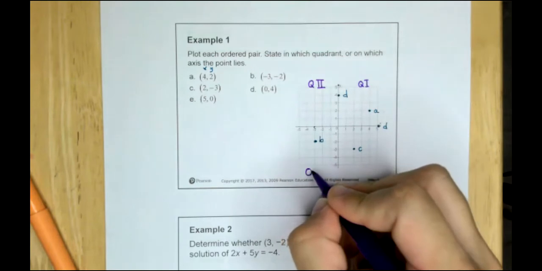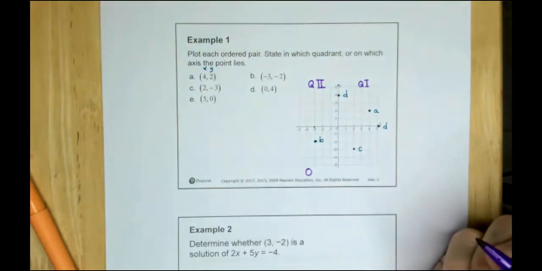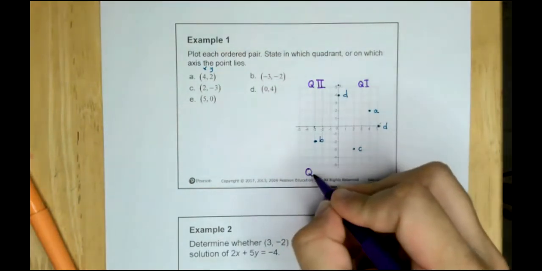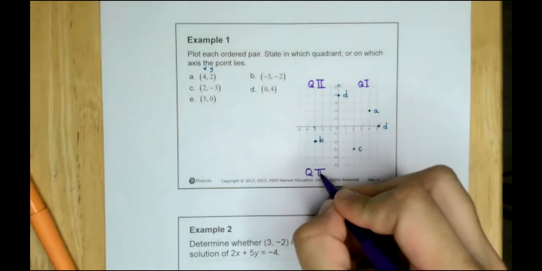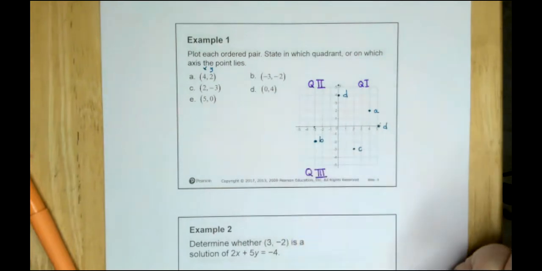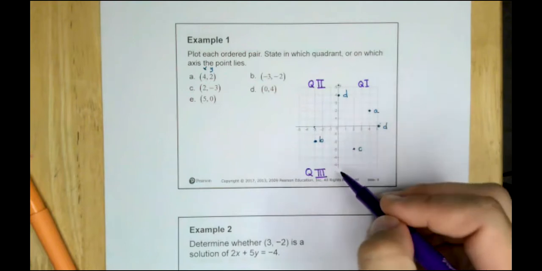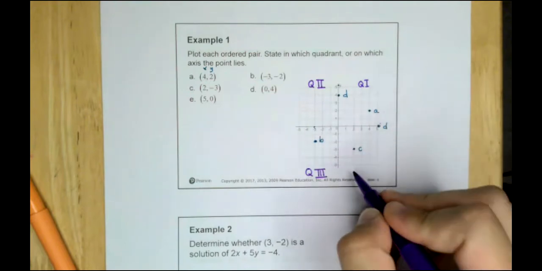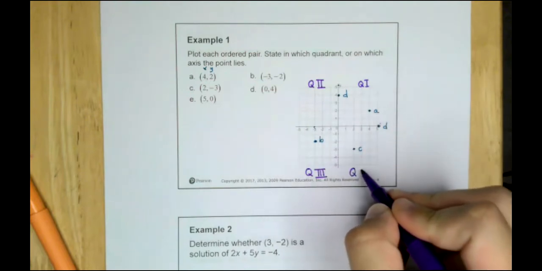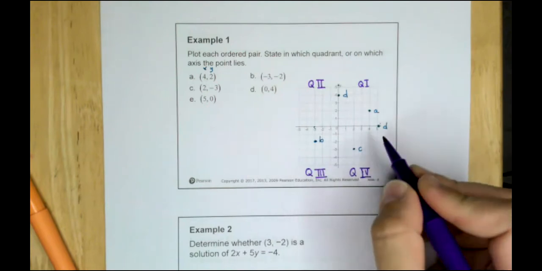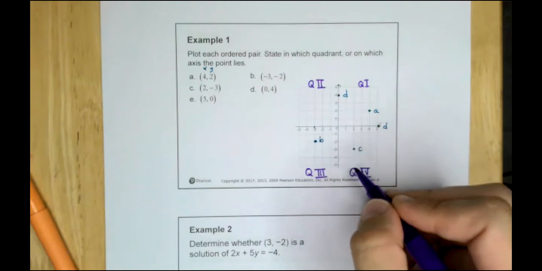And then we go down here like a clock. Is this clockwise? It's not. Quadrant 3 is negative x, negative y. And quadrant 4 is positive x, negative y.